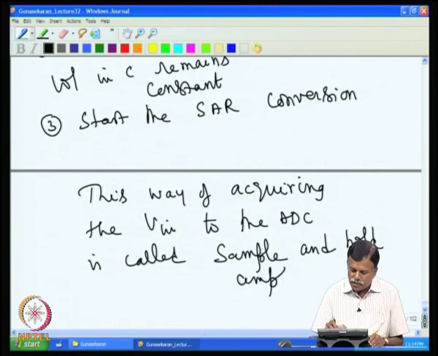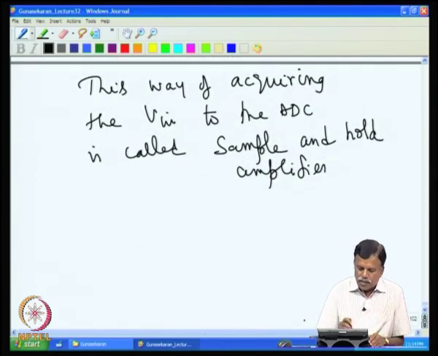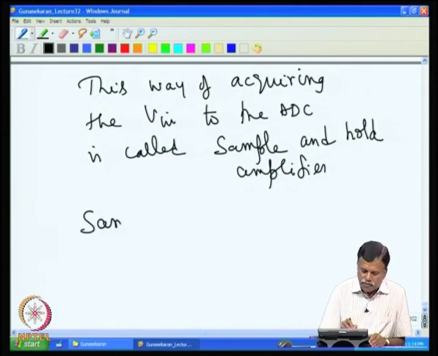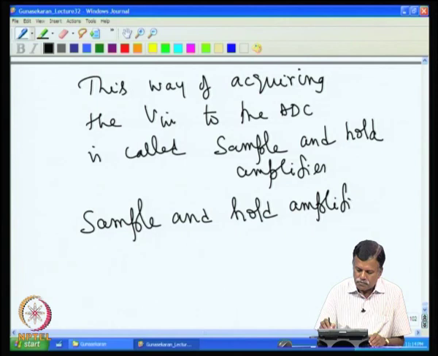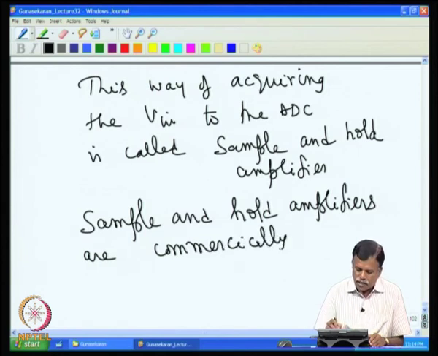Sample and hold amplifiers are commercially available.